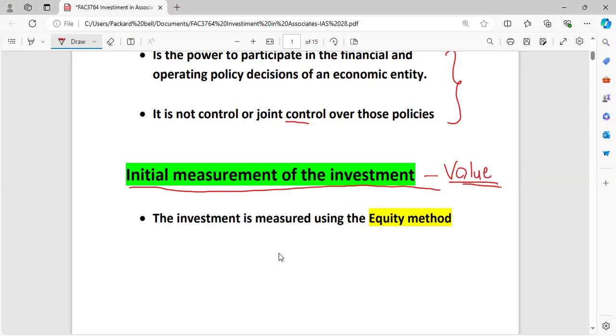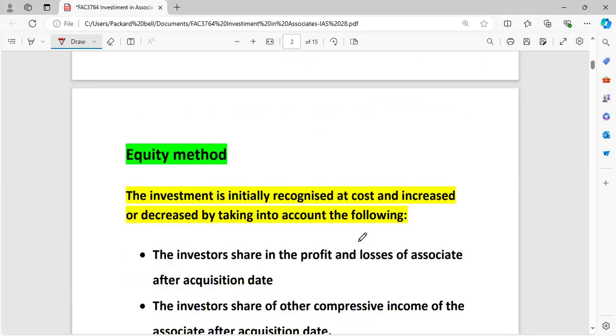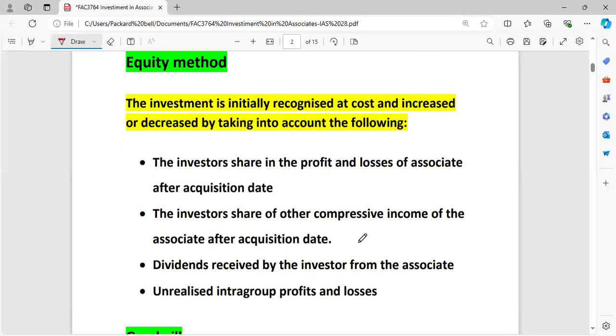So let's look at how we come to that value. We use the equity method to measure the investment in the associate.